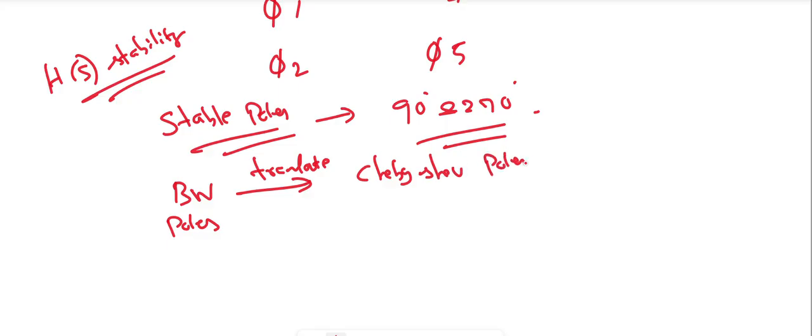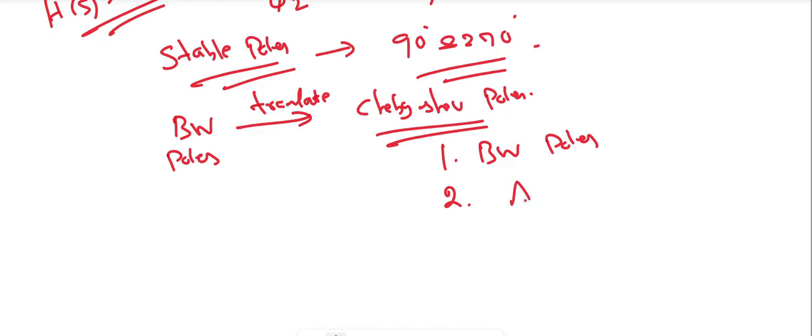For the Chebyshev poles, take the Butterworth poles. Then you have to determine the design parameter A.